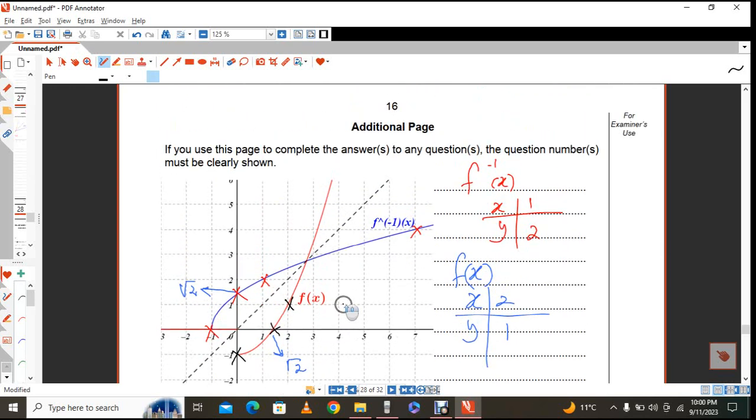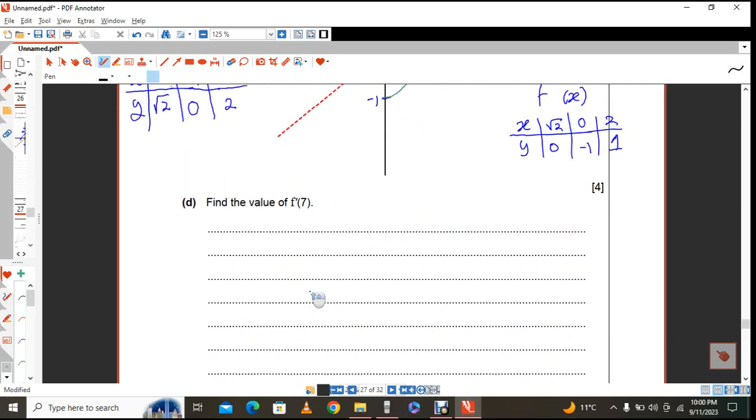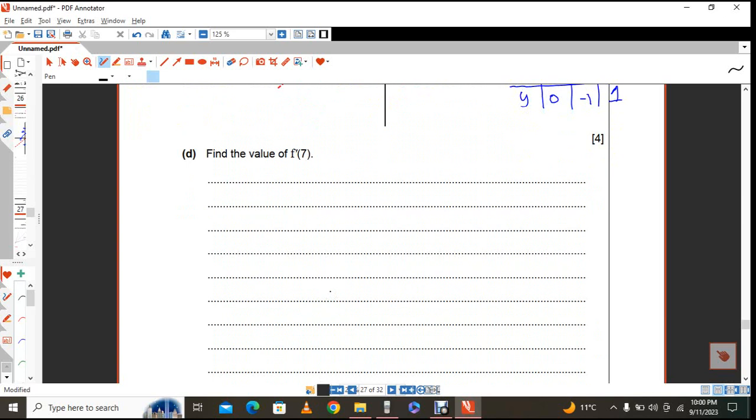All right, the last part of this question says now find the value of... now you must be very careful. This is differentiation. This is not anything to do with the inverse. So what do we know?